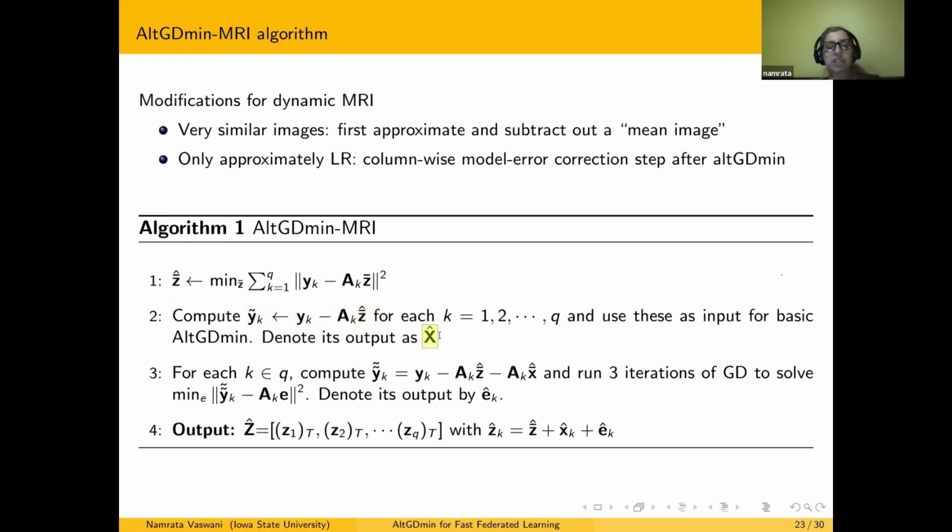Denote its output by x hat, subtract this out too, and then run a few iterations of image-wise gradient descent to recover my modeling error E. This improves image quality quite a bit. And in MRI, mean squared error is not necessarily the correct metric. And then you output the sum of these three components. And we call this Orgy-Demon MRI.